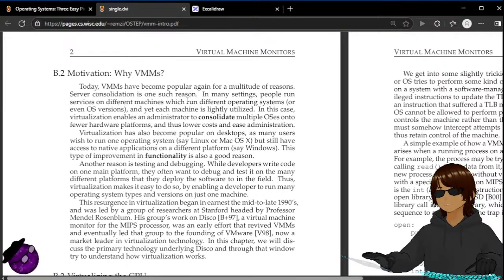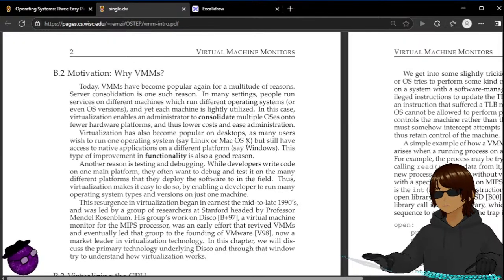In many settings, people run services on different machines which run different operating systems or even OS versions, and yet each machine is lightly utilized. In this case, virtualization enables administrators to consolidate multiple OSs onto fewer hardware platforms, and thus lower cost and ease administration.